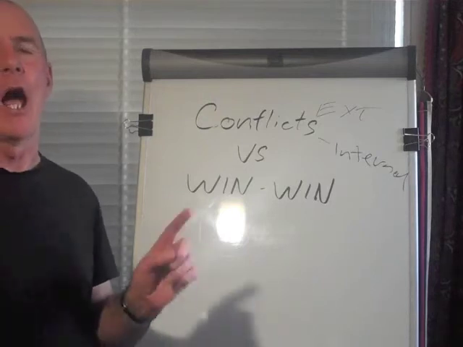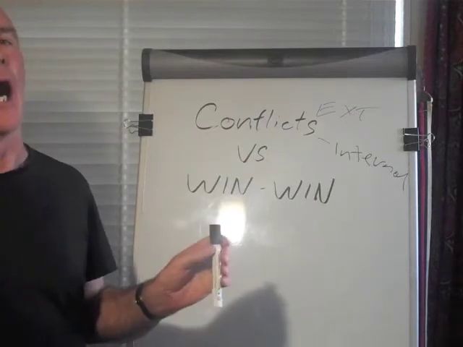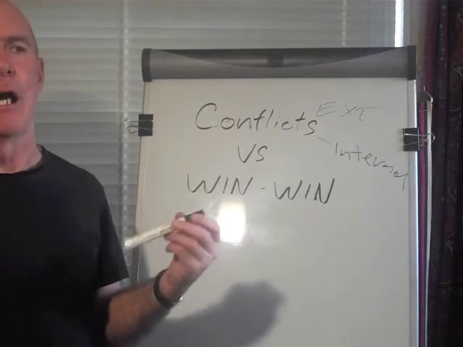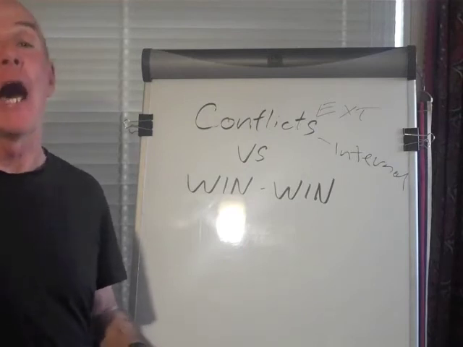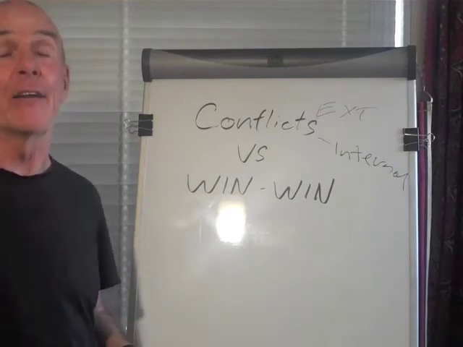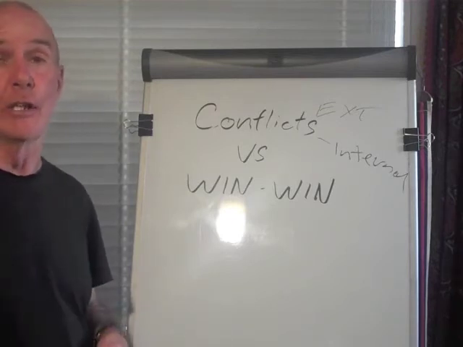So that's an internal conflict, and I'll be giving you another quite quick and simple method you can use on that, and I'll also be offering you a downloadable document so that you can use this.